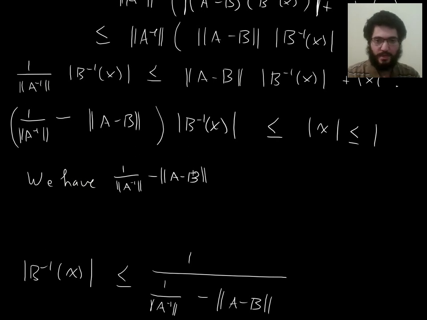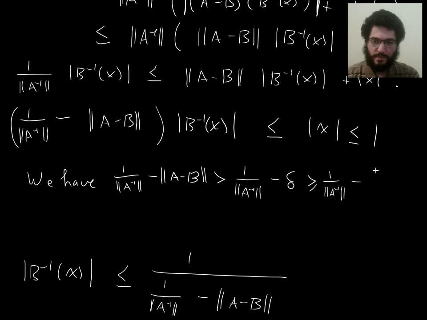Okay, so the norm of A minus B is less than delta, so this minus the norm of A minus B is strictly greater than that minus delta. And delta is the minimum of two things, one of which is 1/2 of 1 over the norm of A inverse.